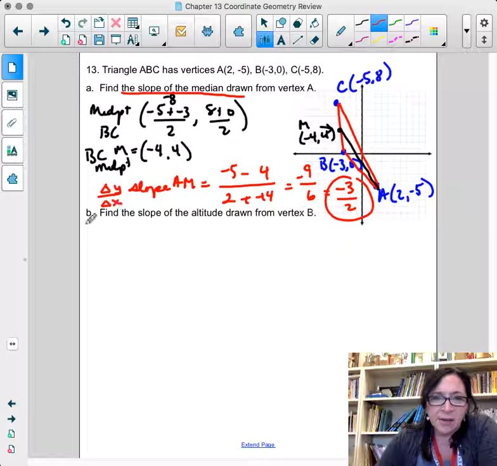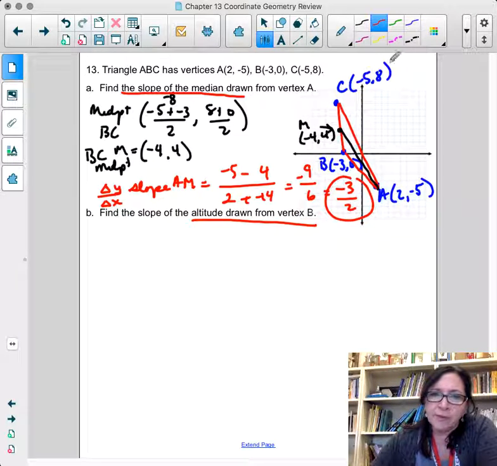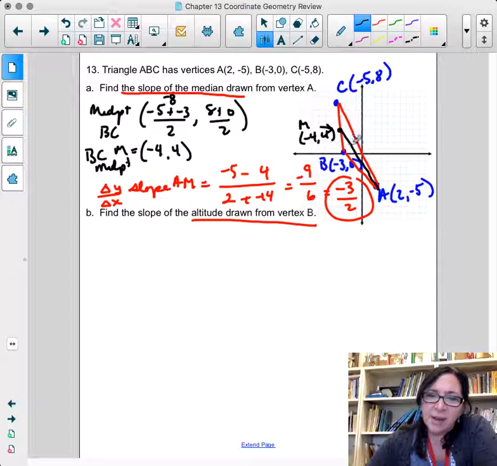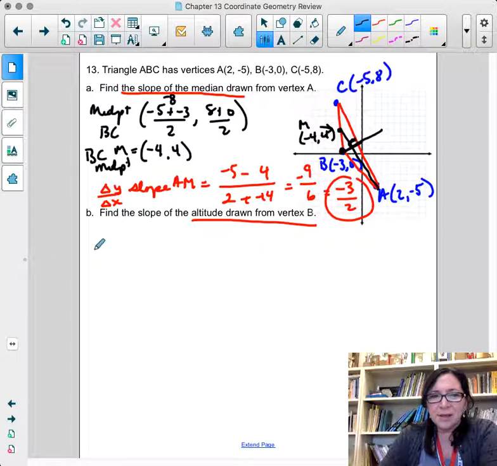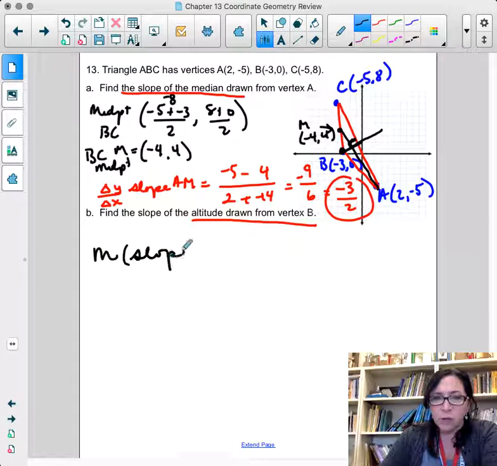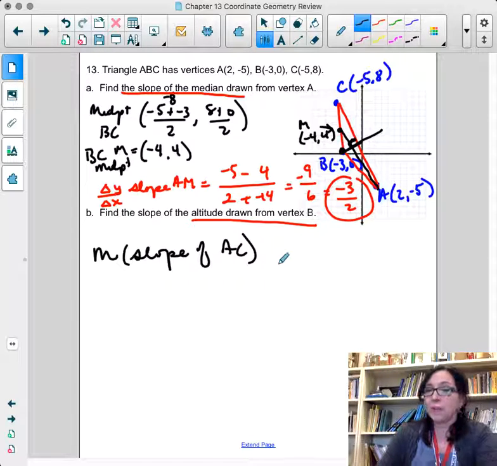The next thing it needs me to do is to find the slope of the altitude drawn from vertex B. Now, what you need to understand about an altitude is that altitudes are perpendicular, okay? Like this, see that? They're looking for the altitude drawn from B to AC. And altitudes are perpendicular. So really, all I need to do is find the slope of AC and then find the opposite reciprocal of that. So subtract your y's.